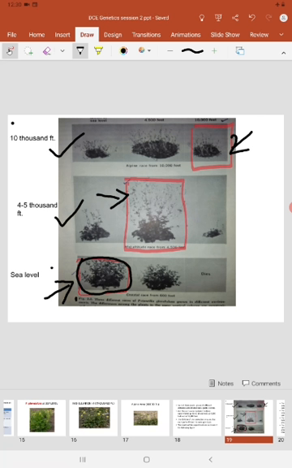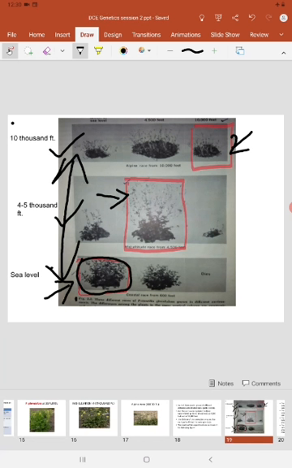So in this vertical row, all the plants have the same genotype. Among these three, they have the same genotype, and the variations we notice in the phenotype of these three are because of the environment.